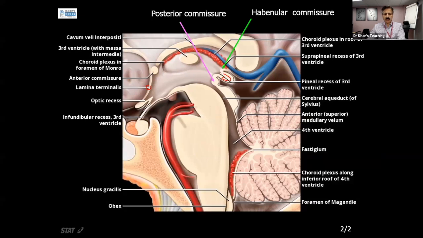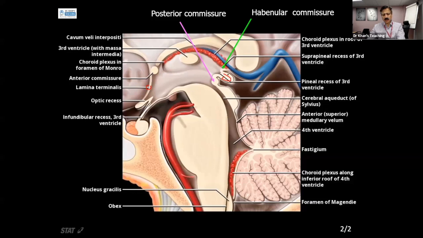Now, there are commissure fibers here. This is the anterior commissure here. This is the posterior commissure, and on imaging, actually, we can see these two things. There is a midline structure, which is a dead structure because no messages are going through it. This is the massa intermedia of the thalamus, but there is a connection there.